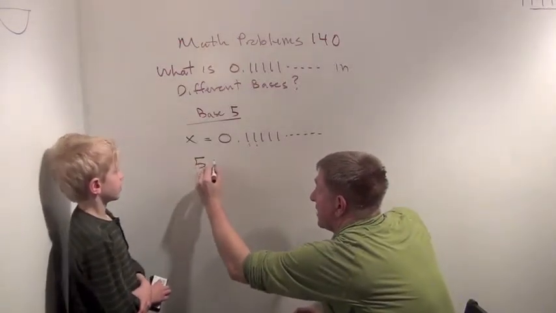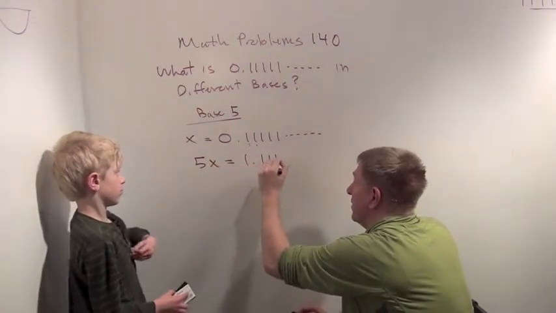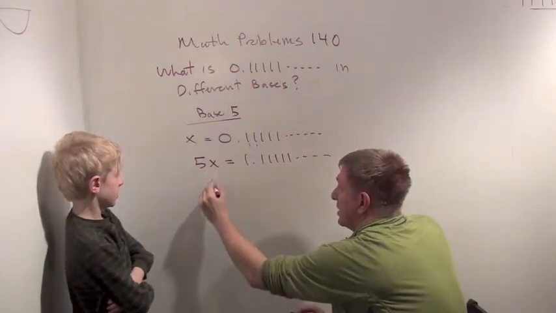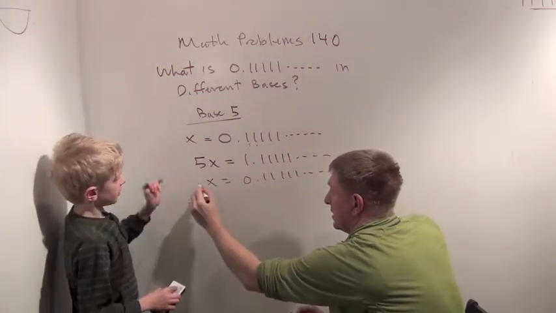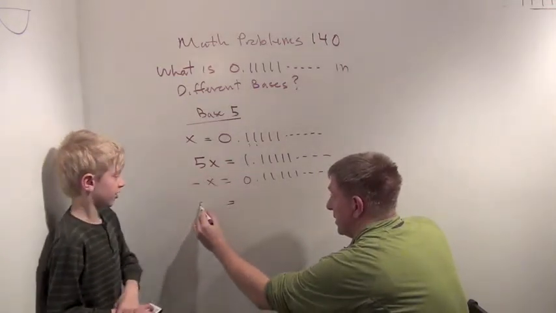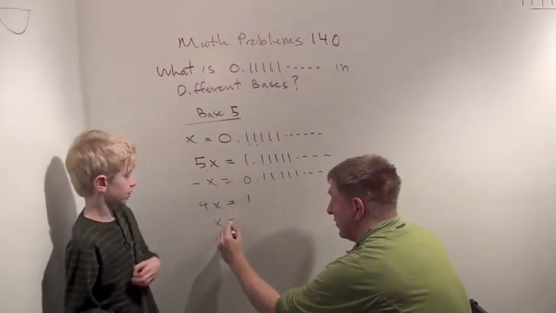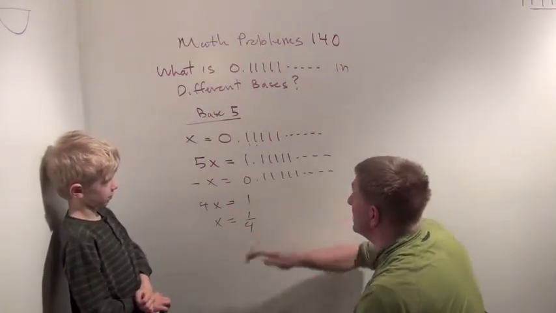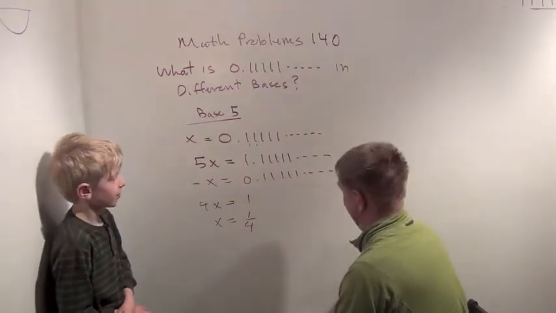So 5x in base 5 is 1.11111, and x is 0.1111111. You subtract, and that gets to 1, but you have 4x. 4x equals 1, so x equals 1/4. Wait a minute, this number in base 5 is 1/4?